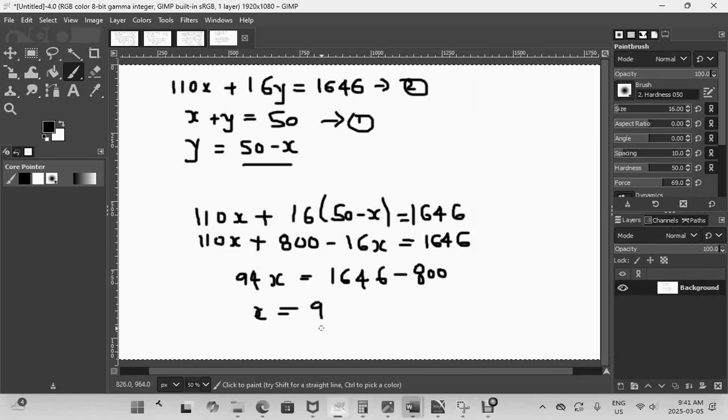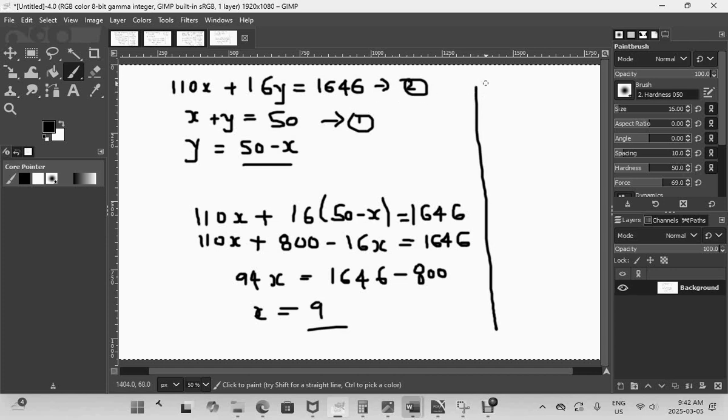So x is 9, which means you sold 9 graphing calculators. To figure out the number of scientific calculators sold, you simply sub x into either one of these two equations.